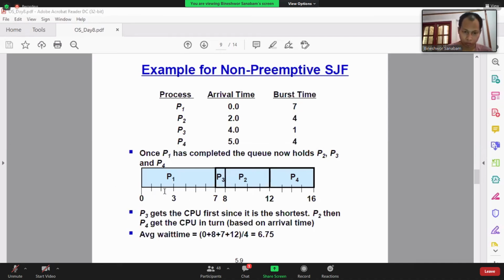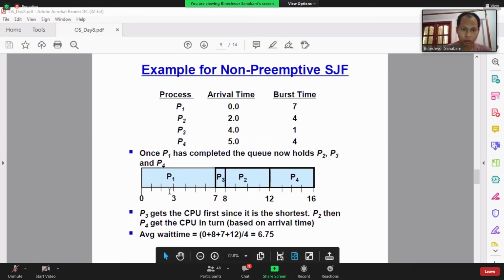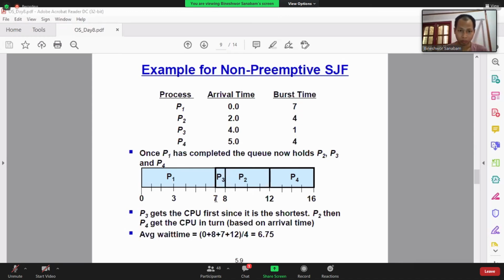So in this time, all the other 3 processes have arrived. Once the process completes at 7 units of time, then the remaining 3 are there, and we have to look for the shortest one.